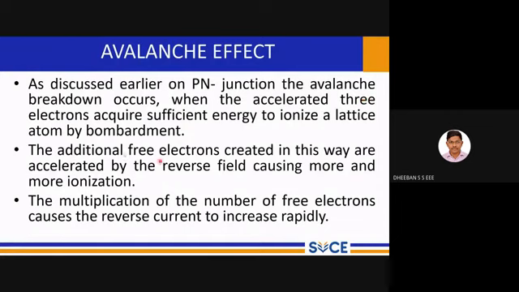By bombardment, additional free electrons are created in this way. These electrons are accelerated by the reverse field, causing more and more ionization. So in the avalanche effect, more and more free electrons occur, which is responsible for the ionization process. This entire thing I am saying is in the reverse bias. Don't get confused. We are speaking entirely about reverse bias.